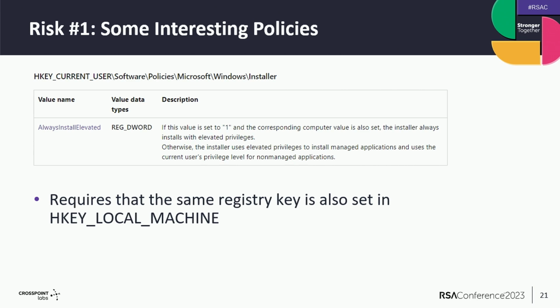But Windows requires this policy to be set per machine and per user for it to be in effect. We'll come back to this policy later on. But you just need to remember that this policy elevates your code or MSI installation to system, so you can, for example, do a system-wide installation.